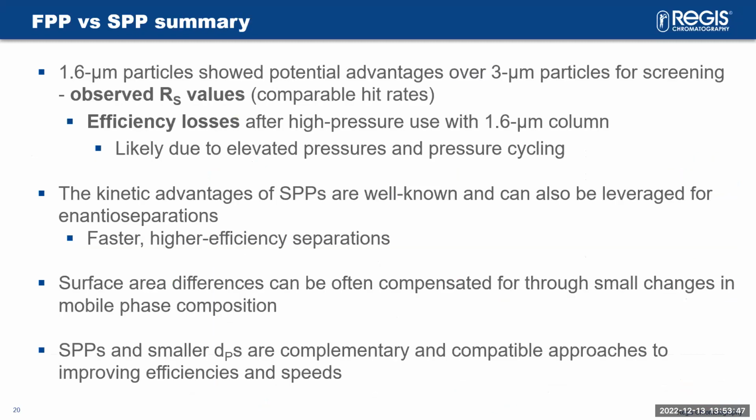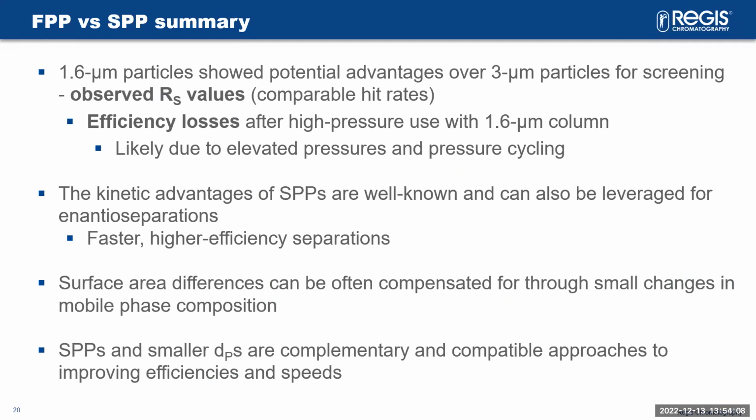So with that, the kinetic advantages of superficially porous particles are pretty well known in the chromatography field. They've been available commercially for between 10 and 15 years now. That is particularly true in the achiral space, but they are gaining some traction in the chiral space as well.